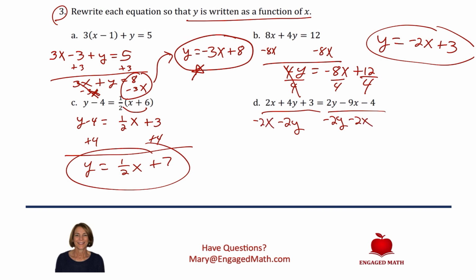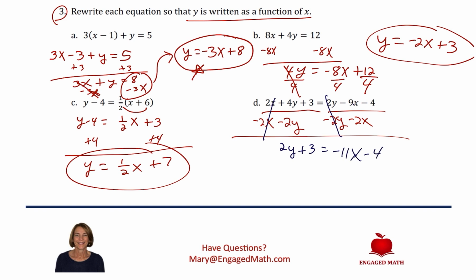I'm going to leave the 3 and the negative 4 for right now, but I'm doing 2 steps at once just to challenge you a little bit with that. And when I do that, notice the 2x minus the 2x cancels. The 4y minus the 2y gives me 2y. And then I have plus 3 still on the left. On the right hand of the equal sign, the 2y's canceled. And negative 9x minus 2x is negative 11x minus 4.